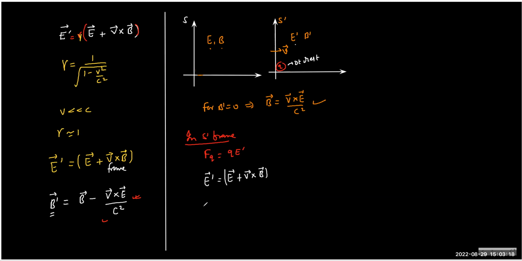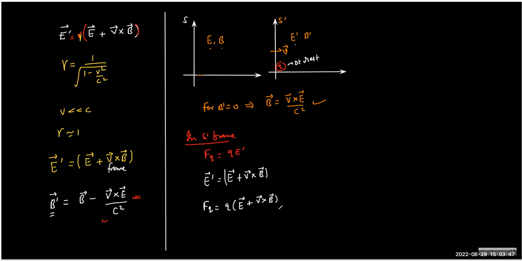Yes, so we can write the force equals Q into E dash. Okay, if I make E equals 0, the problem is that E dash will still exist, but for that we need B then.